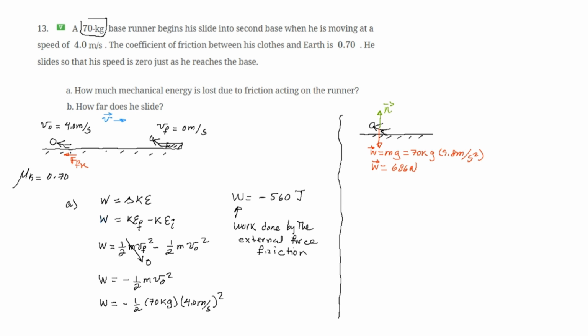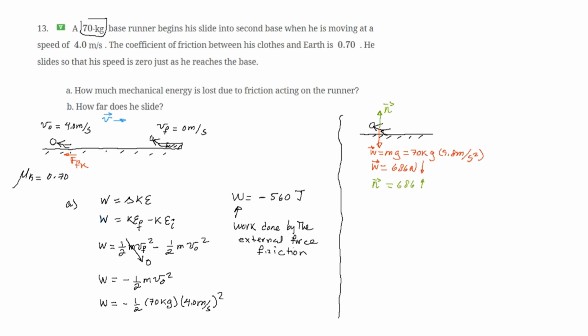If the weight is a force of 686 newtons pointing downward, the normal force is a force of 686 newtons pointing upward.